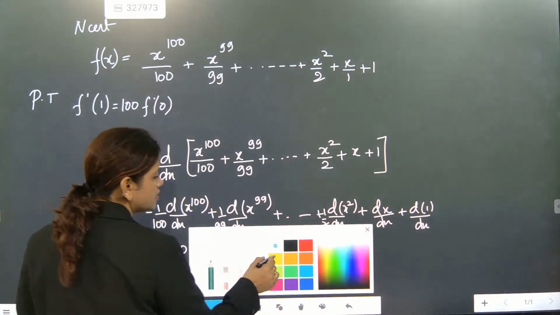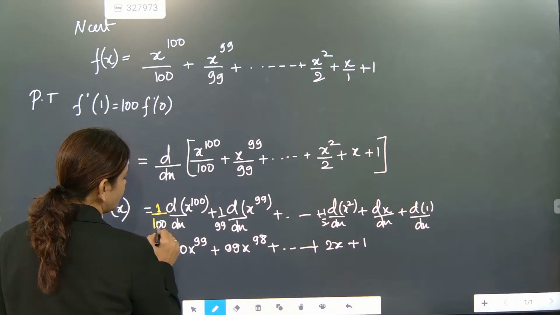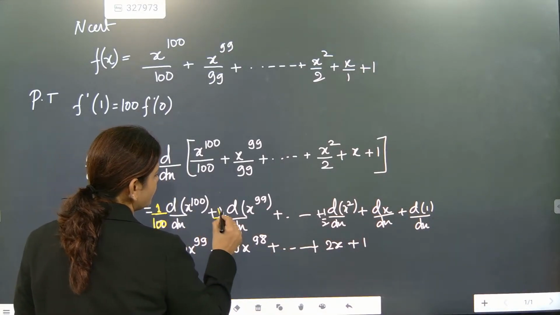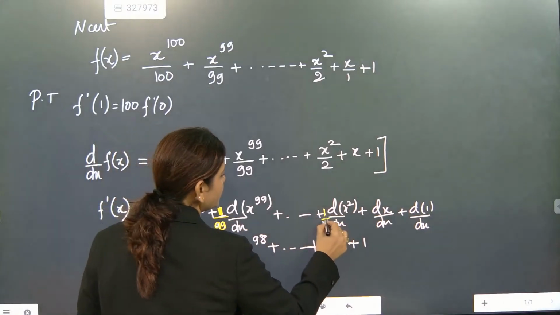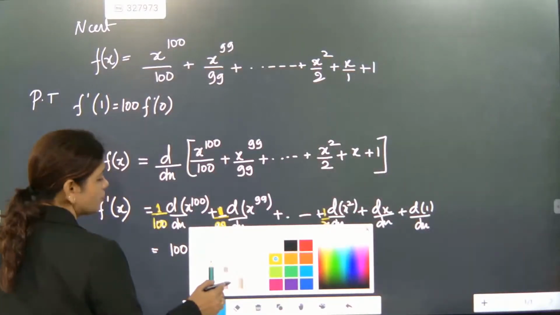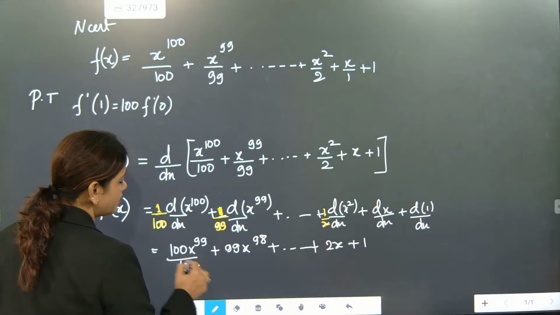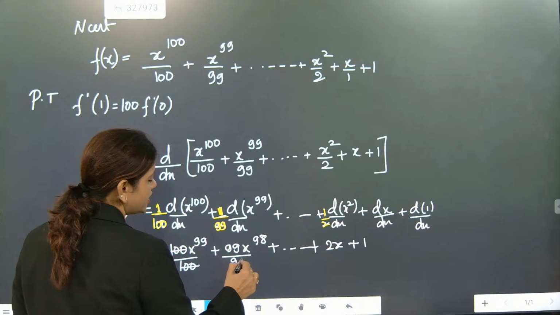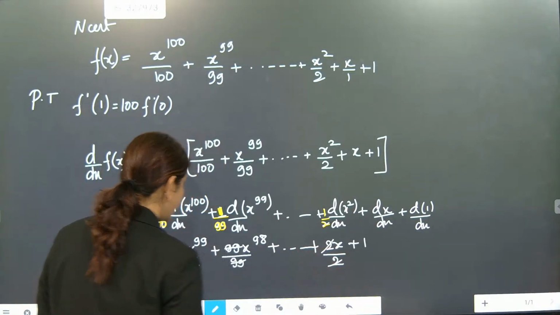Write with another color so that it becomes very clear what you have to do. 1 by 100 is there, here 1 by 99 is there, and here 1 by 2 is there. So after this, what next are we going to do? This 100 and this 100 will get cancelled. This 99 and this 99 will get cancelled. This 2 and this 2 will get cancelled.